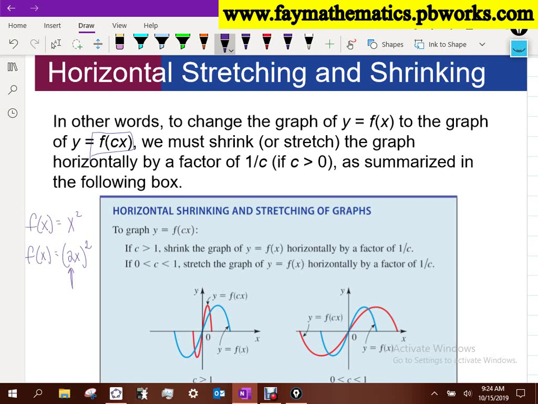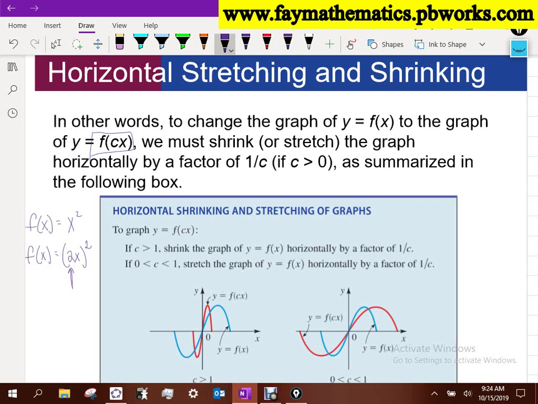When I multiply something, I think it should get bigger, and when I think bigger, I'm probably thinking it should stretch. But when you do it to the x's, it actually creates a compression. When your multiplier for your x's is bigger than 1, it creates a horizontal compression.